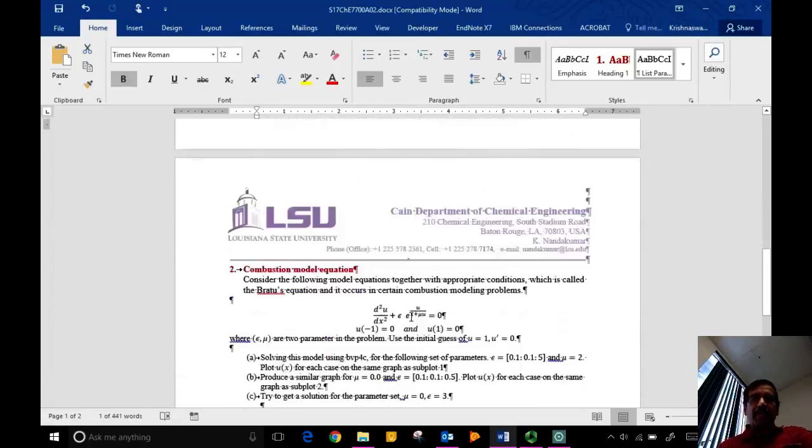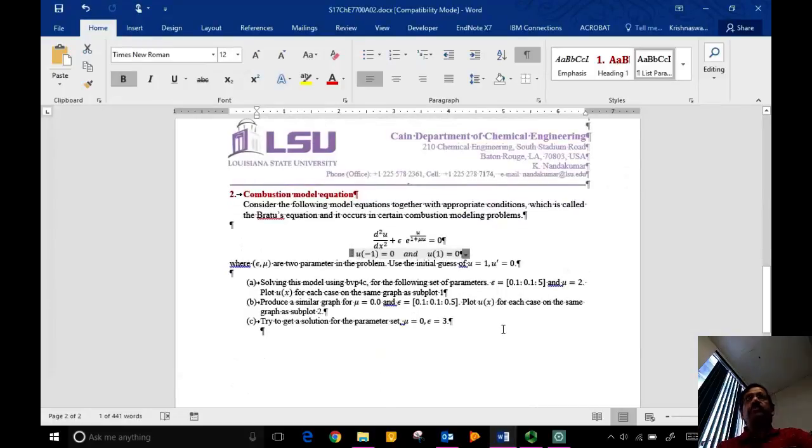And the second problem is what I'm going to talk about today on boundary value problems. How do we solve that? And using that, you solve a particular problem, which is a second order ordinary differential equation, nonlinear. BVP4C is a tool that we are going to see today in MATLAB. We'll also see it in COMSOL.